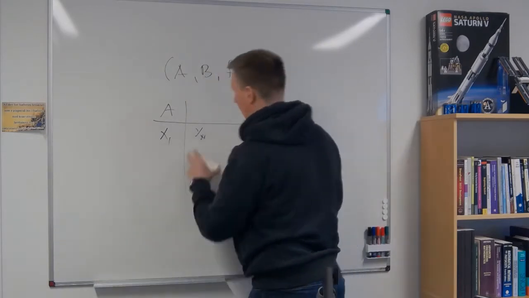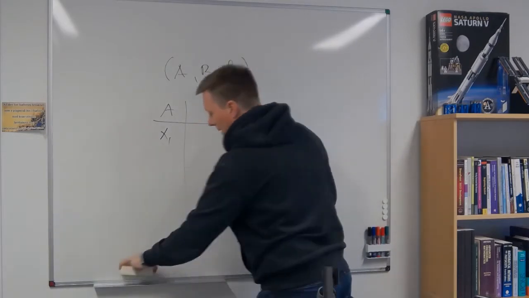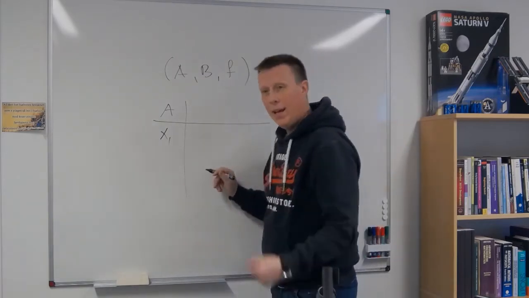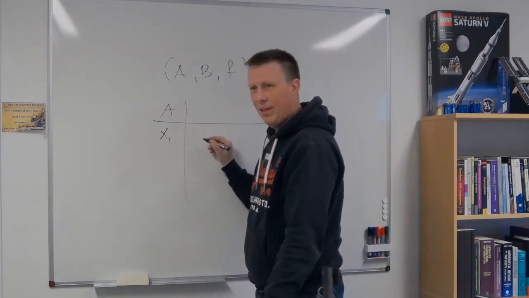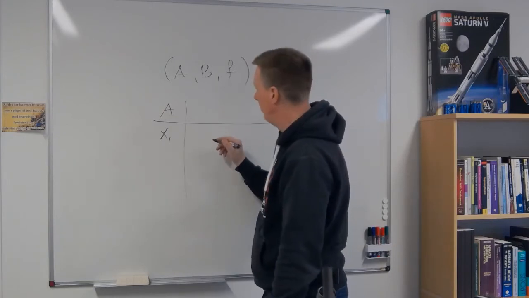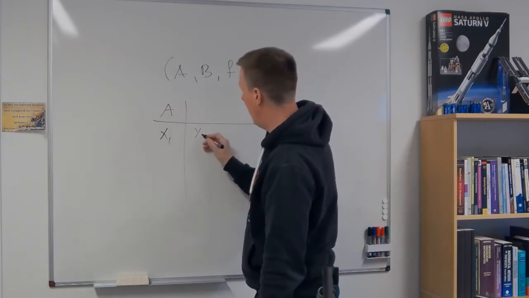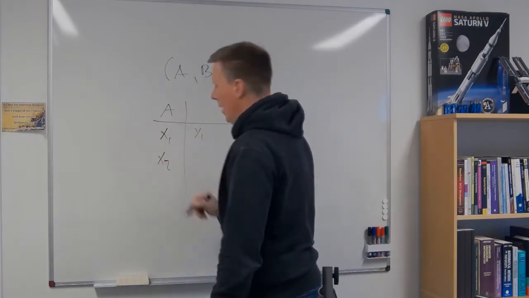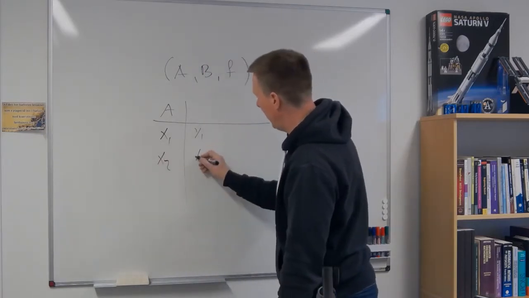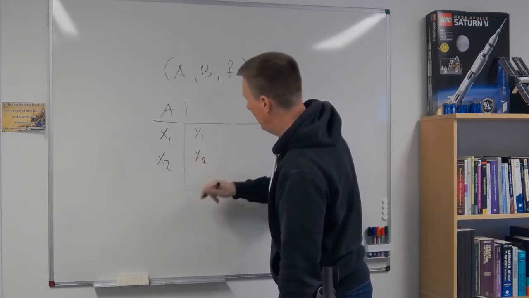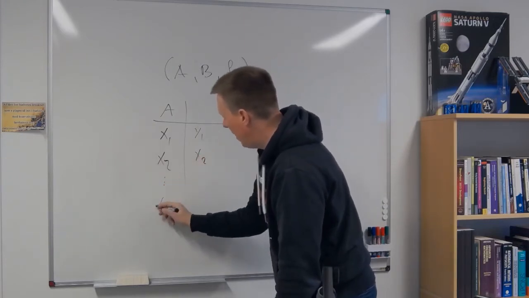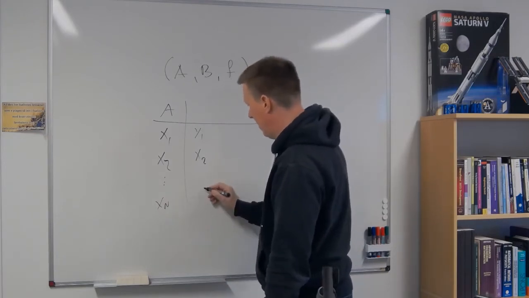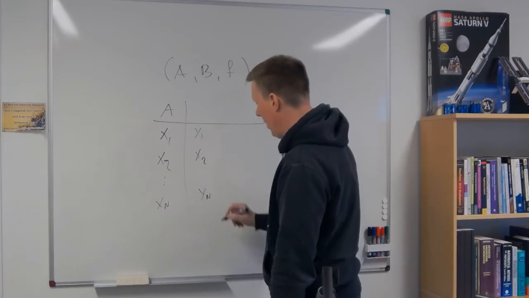So then I have to delete that from my table. I can go over all the elements of B and check, and hopefully there should be one element for which this is true. Let's call that one y1. Then I can take an x2 and repeat the procedure and I get the y2, until I have done all my x's and gotten all my y's.